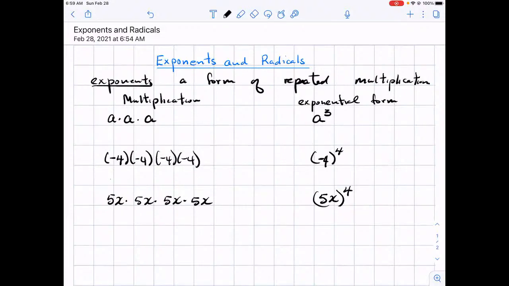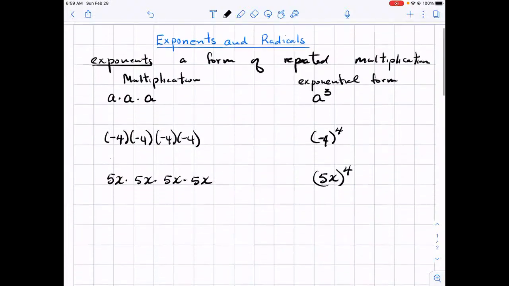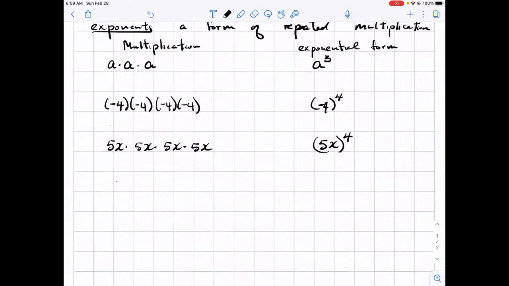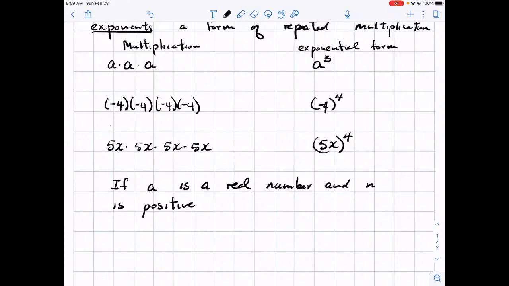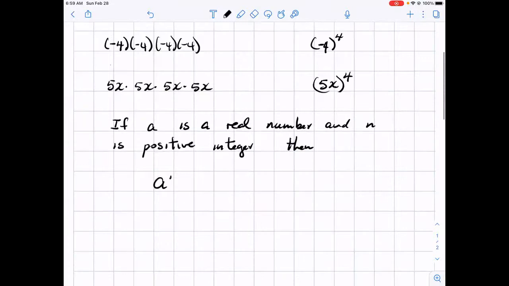So we can say that if a is a real number, and n is a positive integer, then a to the n power, where n is the exponent and a positive integer, is equal to a times a times a, dot dot dot, all the way to the end.